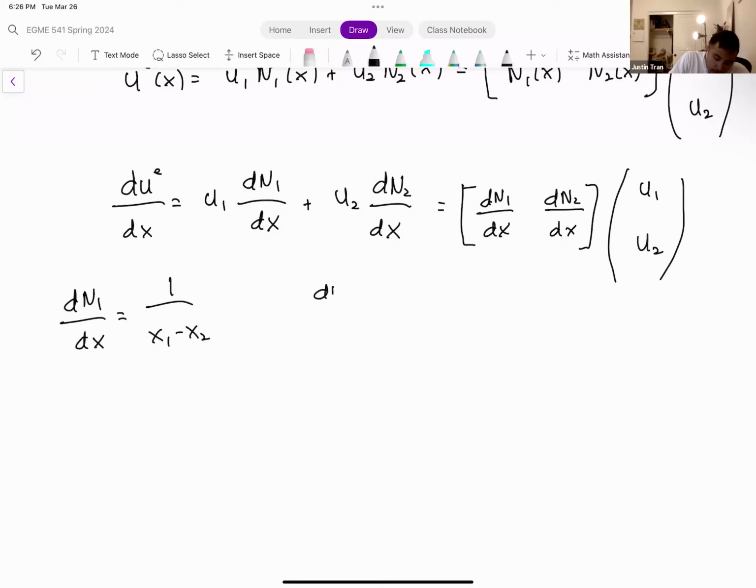And dN2/dx is equal to minus 1 over x1 minus x2. Notice that the derivatives are constant. x1 and x2 are simply the coordinates of each of the nodes, so their values are not changing. That makes sense, because our shape functions are linear, and the derivative of a linear function is just a constant.